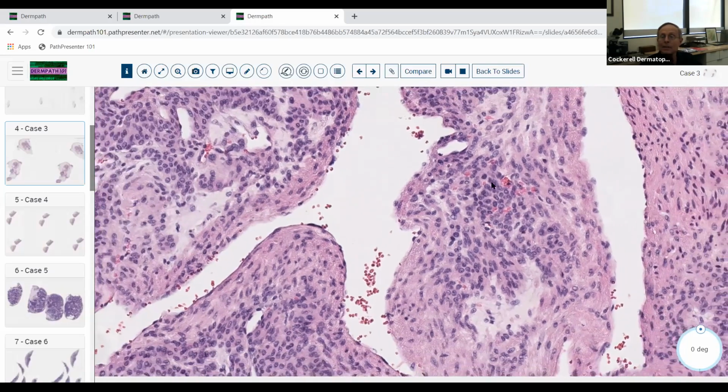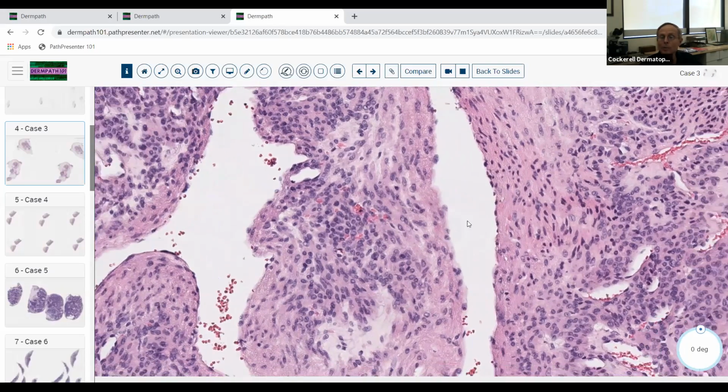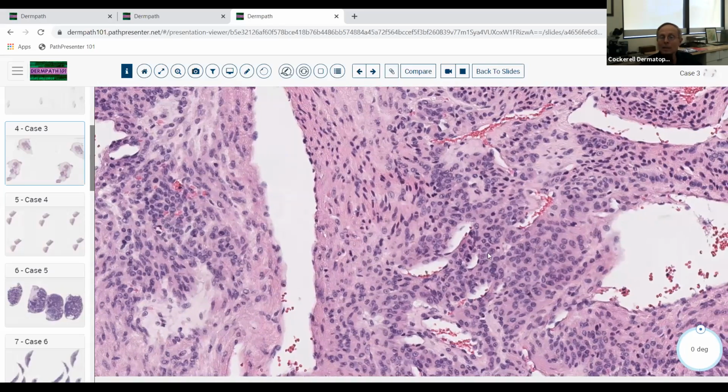Then you've also got these very round, homogeneous cells that look kind of like cookie cutters. They look one like another, clonal, if you will. There are dilated spaces with red cells inside. When you put all that together, you might say this is probably a vascular neoplasm.